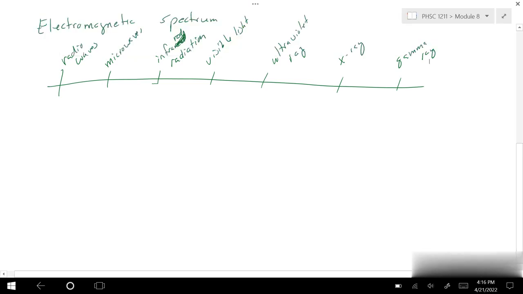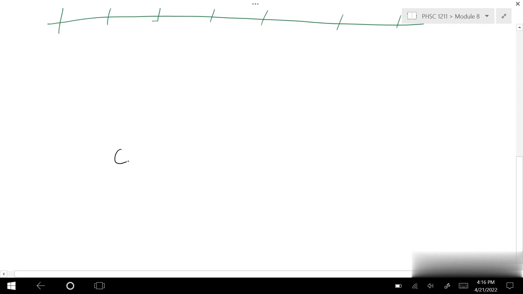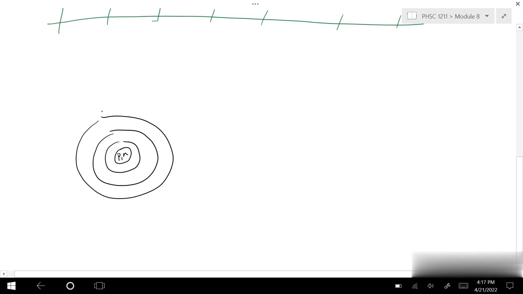So what we want to do is first go back to the atom. Remember, we have a nucleus of protons and neutrons, and these energy shells that we talked about in the chemistry modules, where the electrons like to be. Electrons fill in at the closest point and work their way out.